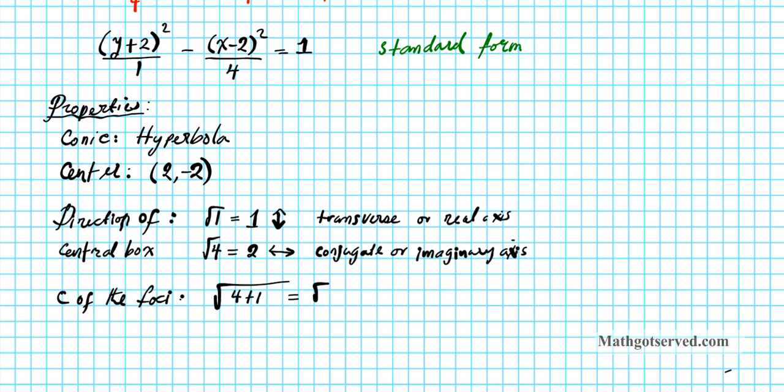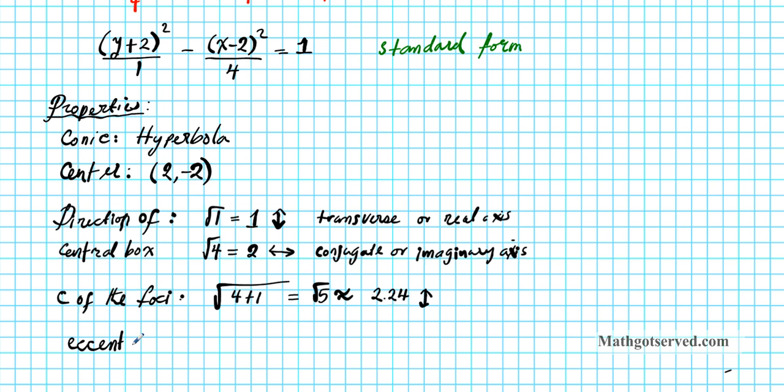So we have the square root of 5, which is approximately 2.24. Now, what direction is it going to go? Is it going to go side to side or up and down? Well, it goes in the direction of the transverse or real axis, okay? So it's going to be going up and down from the center.